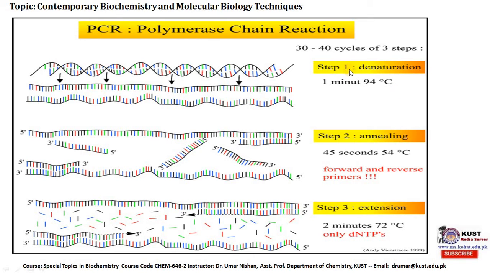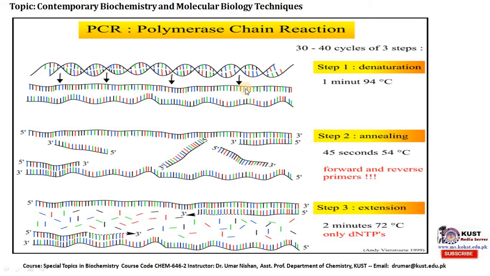In step 1, called denaturation, for 1 minute it will take the temperature to 94 degrees C, and as a result it will denature the template DNA. What is meant by denaturation is that the two strands of the DNA are separated from each other like this. You can see they are separated from each other in the first step. This is called denaturation.